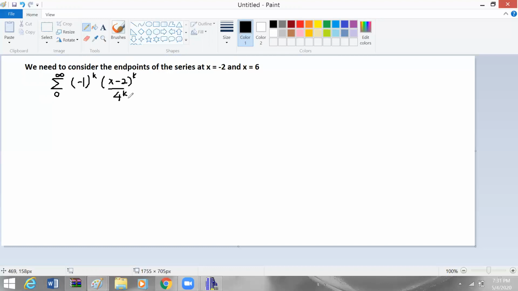Okay, so I plug in x equals 2. So when x equals 2, I'm sorry, negative 2. So the whole series that we have is sum from 0 to infinity of negative 1 to the k. I plug in x equals negative 2. So we're going to get negative 2 minus 2, which is negative 4, over 4 to the k.